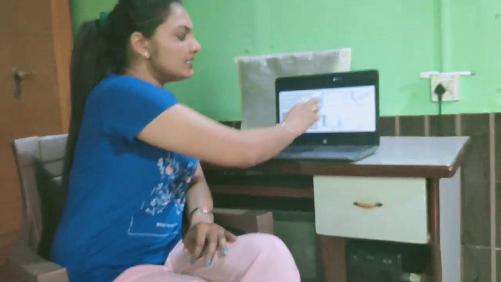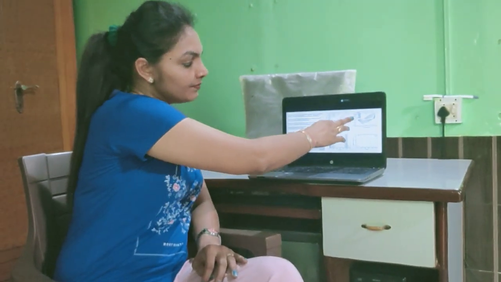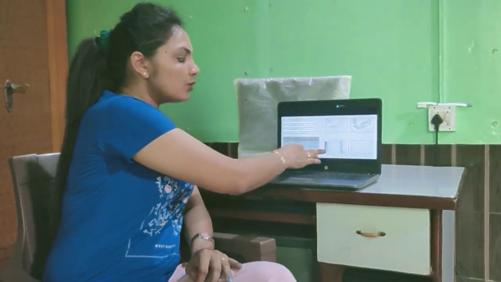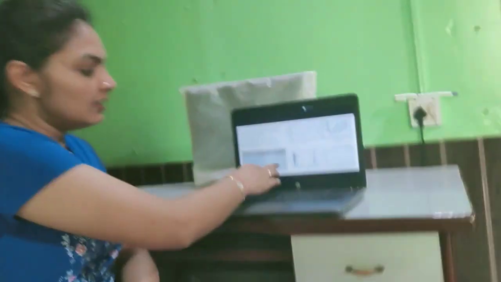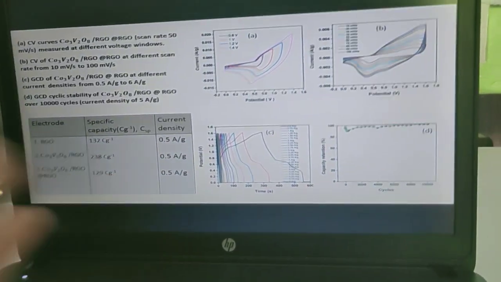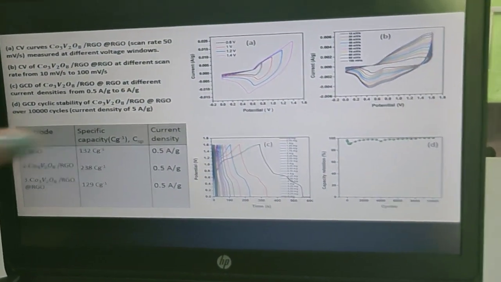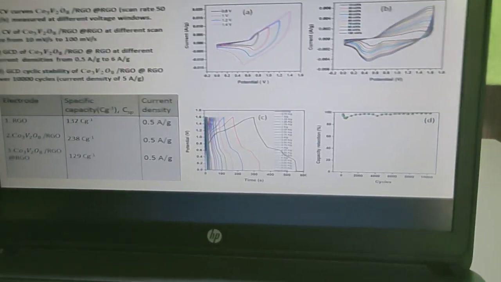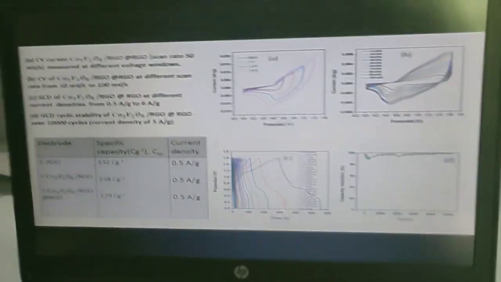In the second diagram, B, you can see the cyclic voltammetry at different scan rates. In diagram C, this is the charging discharging behavior of our material. And in diagram D you can see the GCD cyclic stability of the devices.